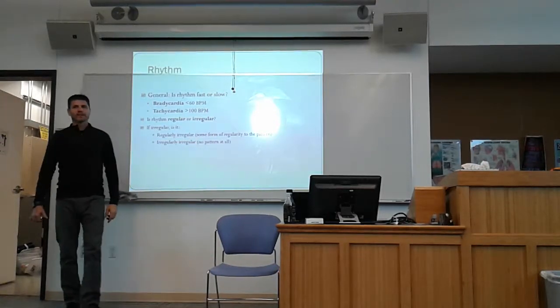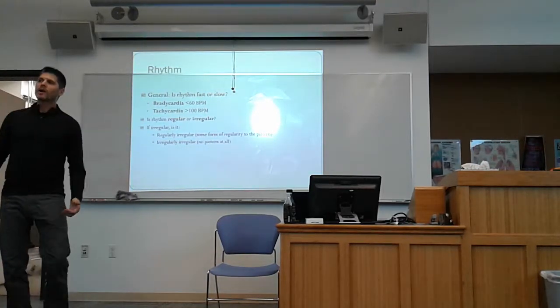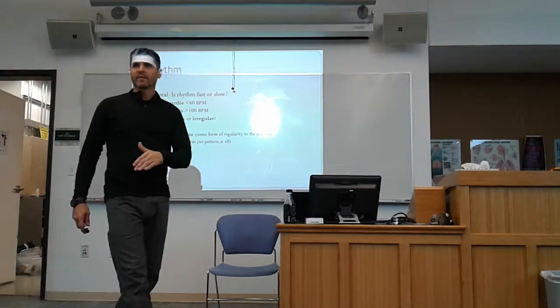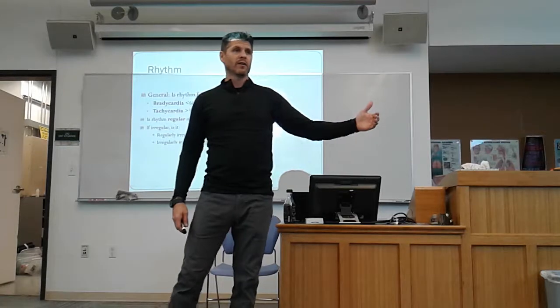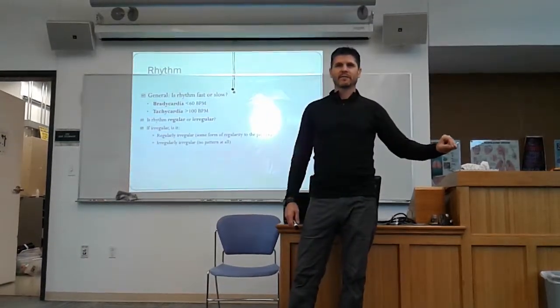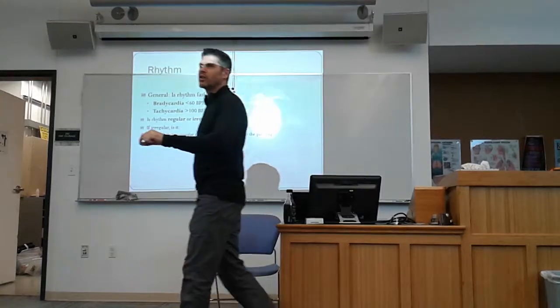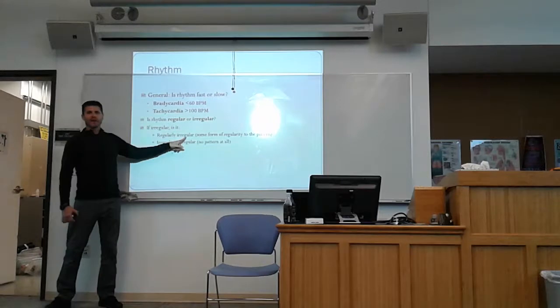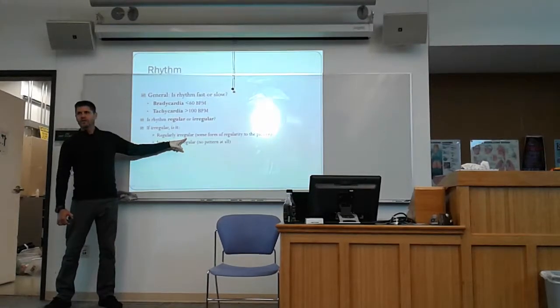And if it's irregular, what do I mean by that? Is it irregular with a pattern, or is it irregular without a pattern? If it is irregular with a pattern, then we call it regularly irregular. Don't get caught up on the words.